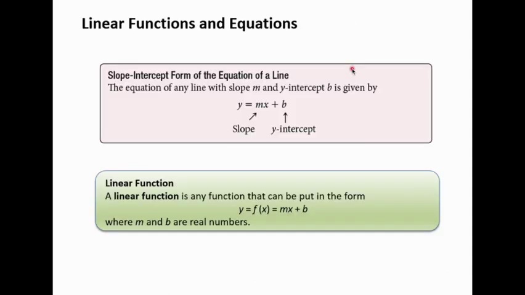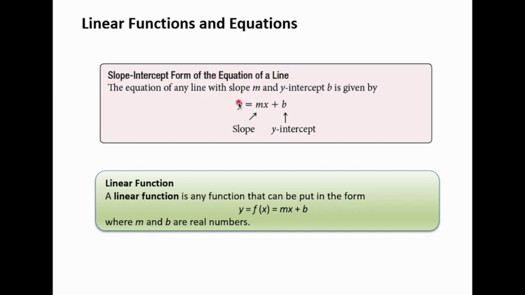Now that we've got slopes and average rate of change down, we're going to look specifically at equations of linear functions. I've already talked about this a little bit, and this should be review for you guys, but there's the slope-intercept form of the equation of the line.